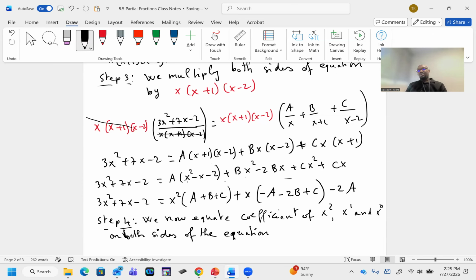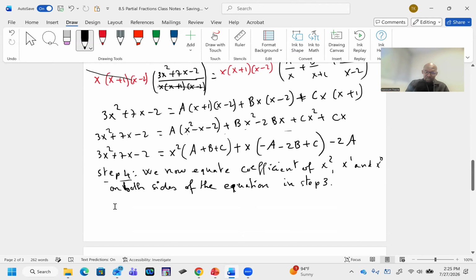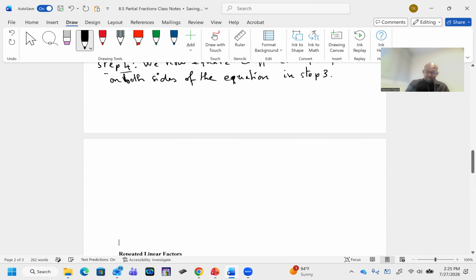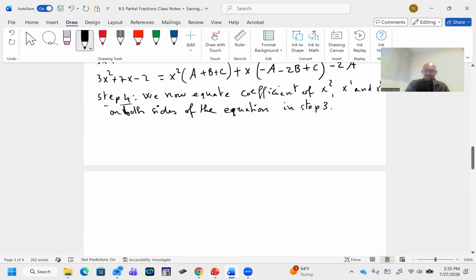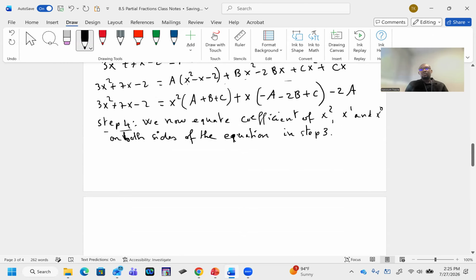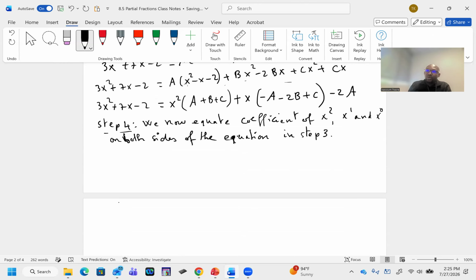The equation in step 3. So by doing that, we can see we have 3x squared, right?